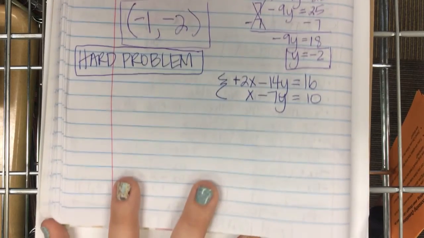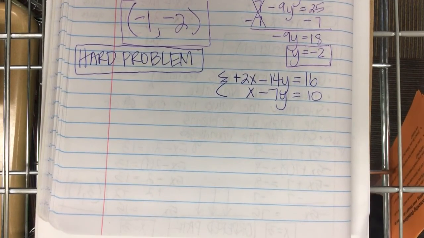So it's a hard problem because does anything automatically cancel out? No. Is there anything that I think to myself like, oh, I just wish that had been positive? No.